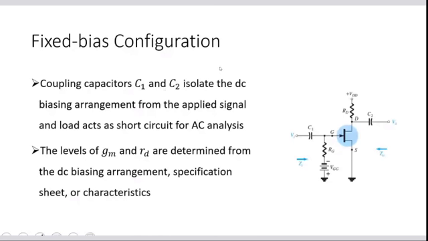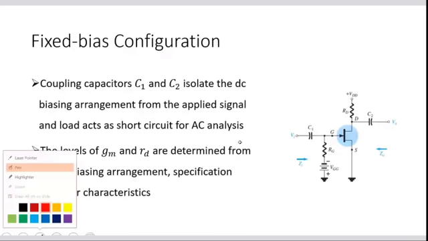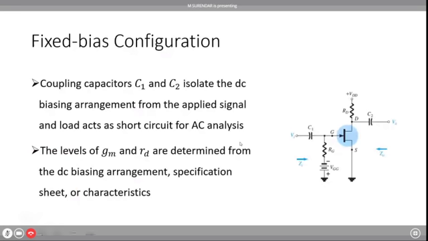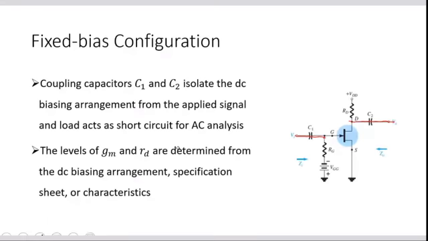For the AC analysis, first we will be short circuiting the capacitors. Then we will be short circuiting the gate voltage, the voltage that has been connected to the gate.